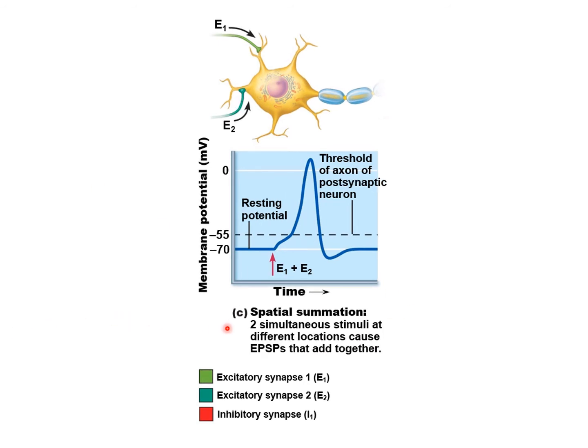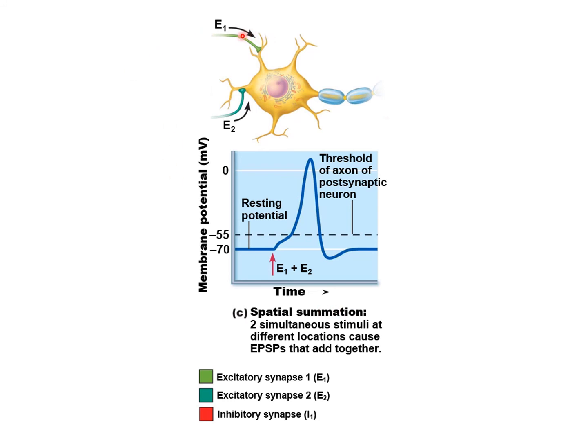Here's another type of summation. This is called spatial summation. You have an excitatory synapse, just like we did before, but then we have another excitatory synapse. There's E2, excitatory synapse 2, at a different location, at a different spot. I think of it as a different space, so that's why we call it spatial summation.